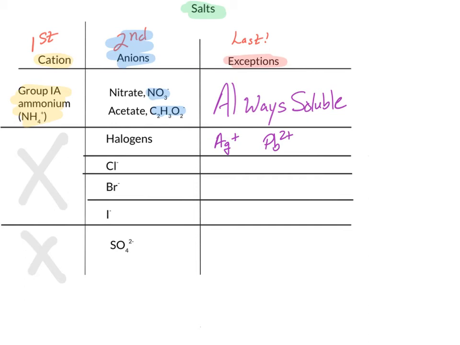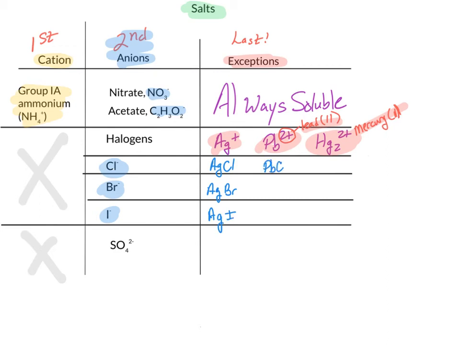Next we have the group called the halogens, except for fluoride. For those, they are usually soluble except for silver, lead-2, and mercury 1. So writing these formulas correctly, we're just going to go ahead and write them in. We have silver chloride, silver bromide, silver iodide, lead-2 chloride, lead-2 bromide, and lead-2 iodide.